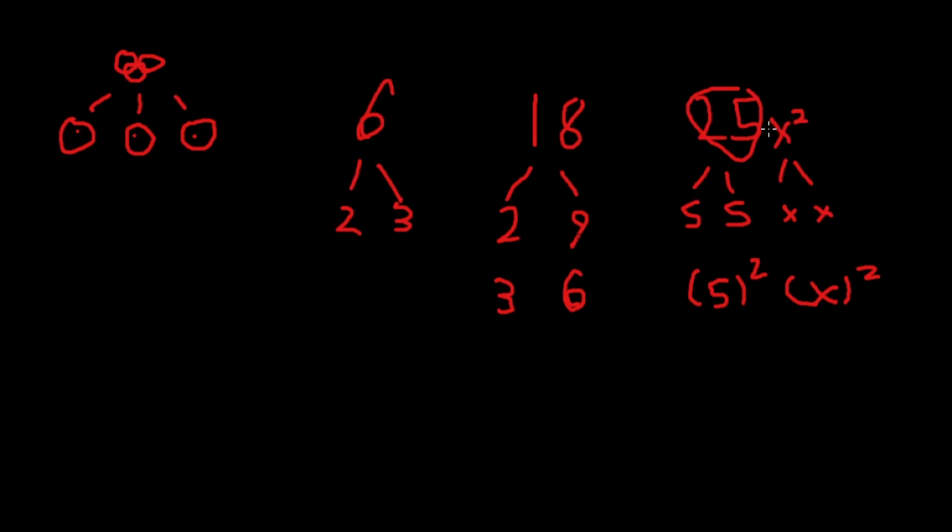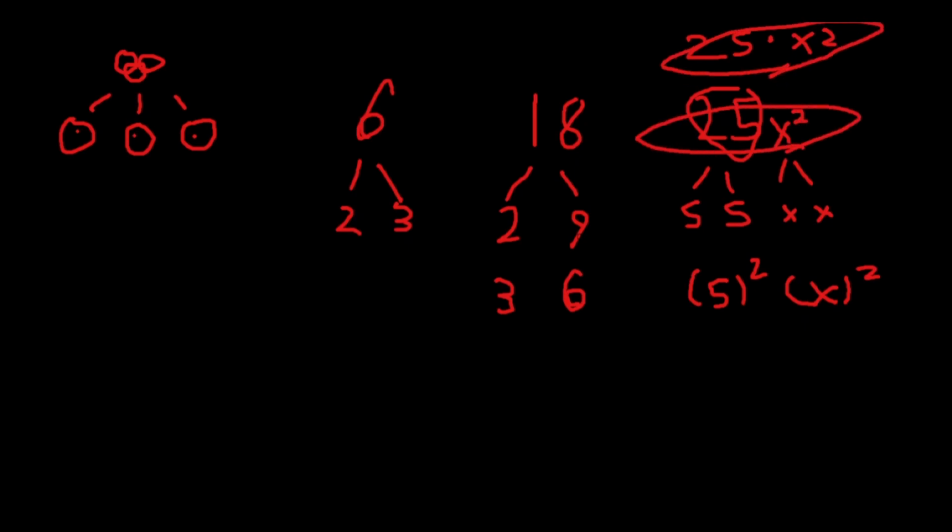What do you call it? Unit? I don't know, doesn't matter. What was I saying? Oh yeah. When two things are next to each other, it just means you're multiplying. So 25 times x squared, this and this are equivalent.